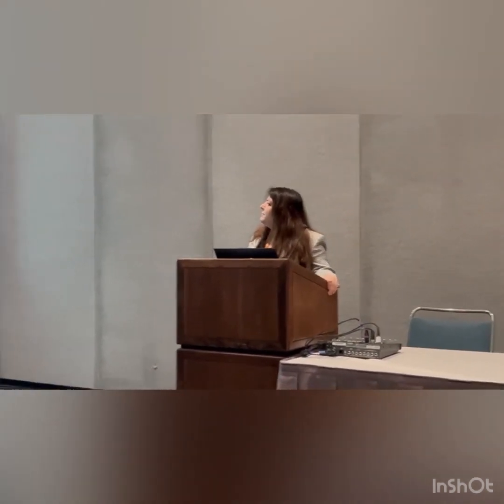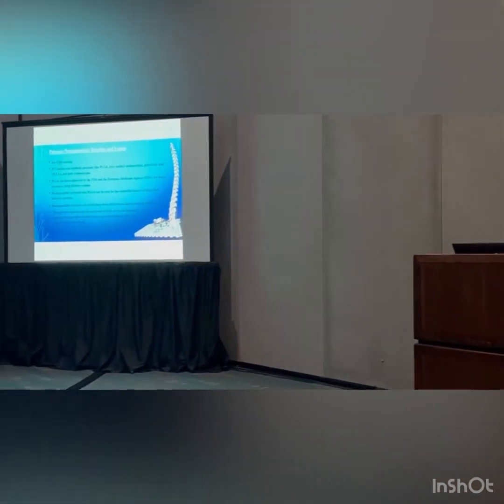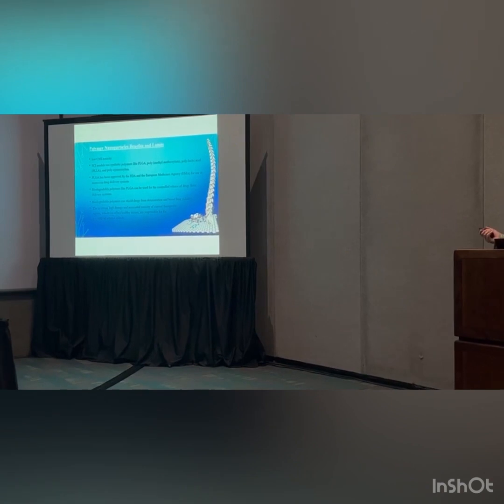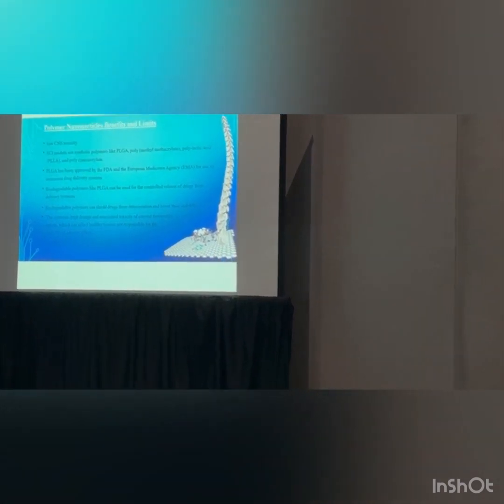We have a polymer nanoparticle, which I'm going to talk about, its benefits and also limitations. This is one technique we can use for curing spinal cord injury as well. There is low CNS toxicity in spinal cord injury models with systematic polymers like PLGA, as you see.